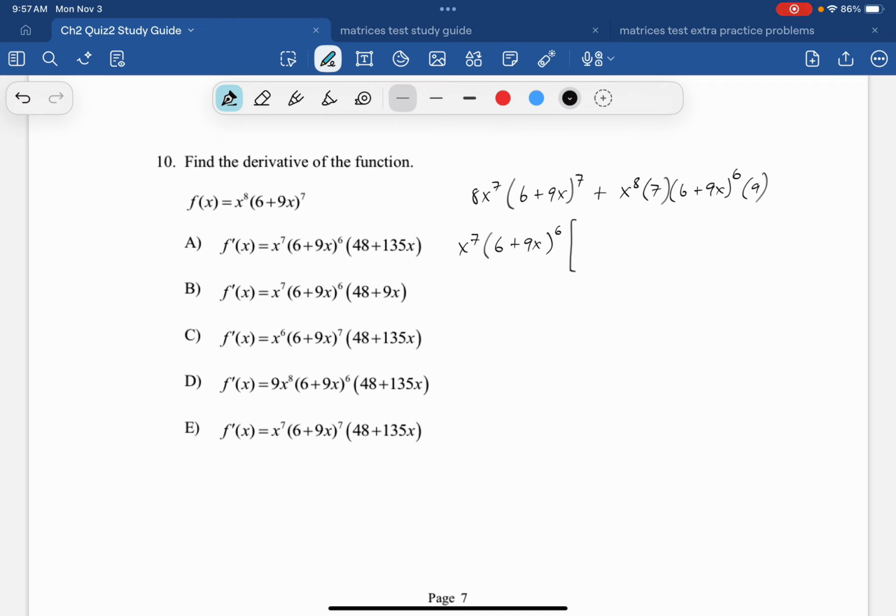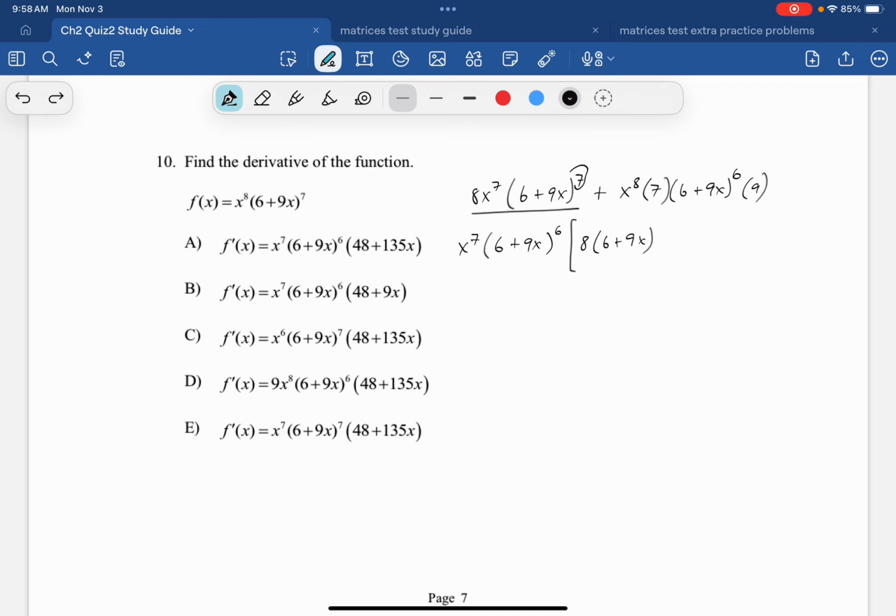So the left term, I'm going to be left with 8 times 6 plus 9x, right? That is because I've taken out this x to the 7th times 6 plus 9x to the power of 6, and I'm left with this.